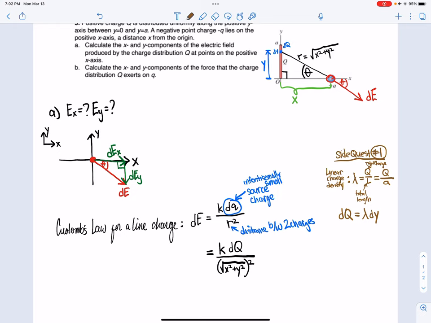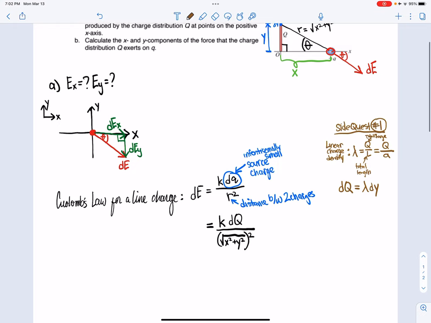Okay, so now let's plug in gamma as q over a, which is what we've got up here, right? That's gamma, q over a. So dq is equal to q over a times dy.